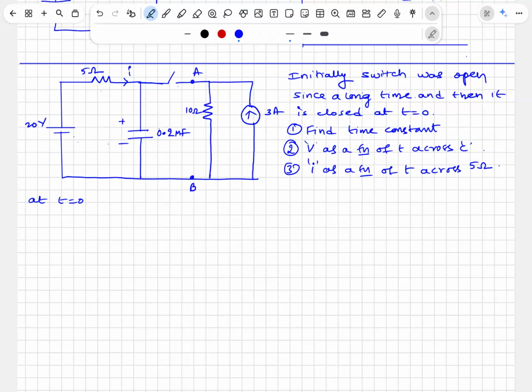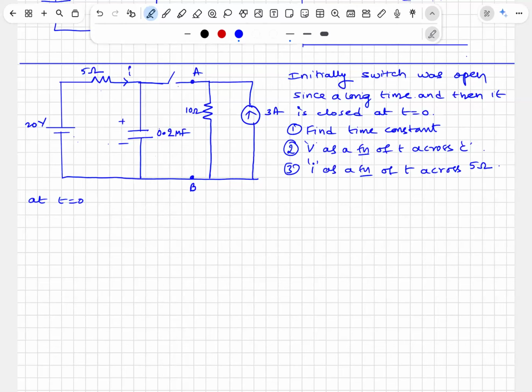Across the capacitor, what is the potential drop? How? In steady state it is 20 volts. You believe that there is no current passing through 5 ohms, right?